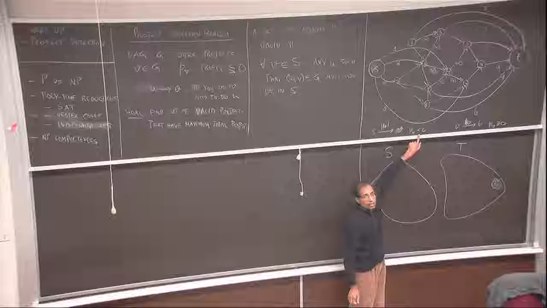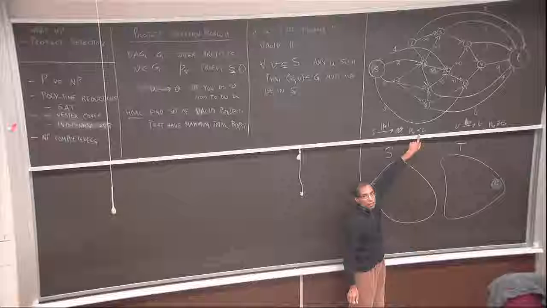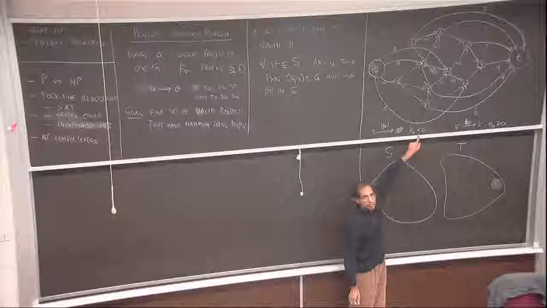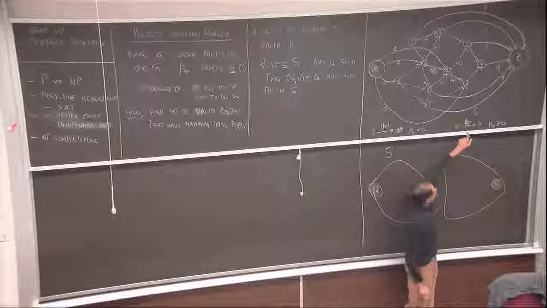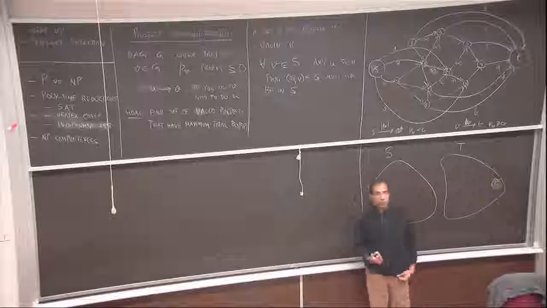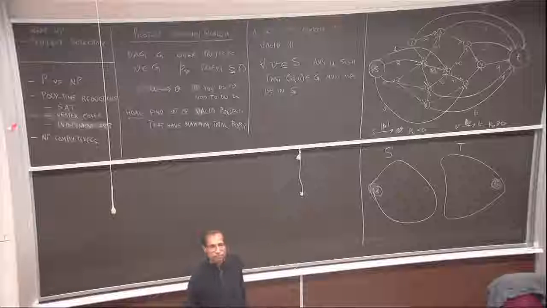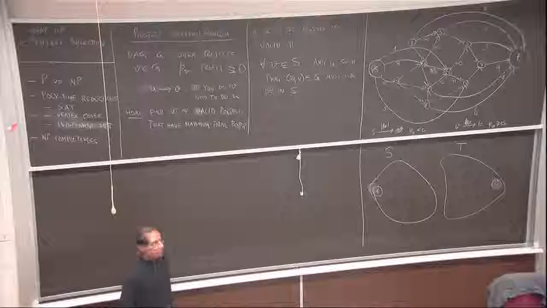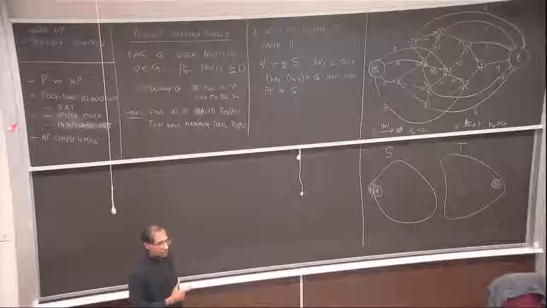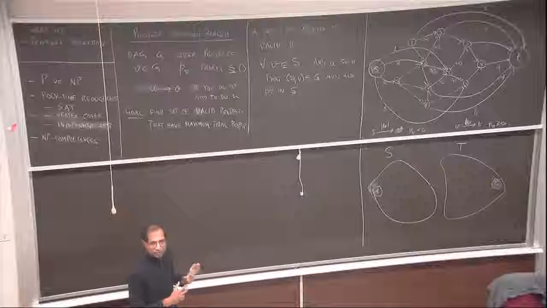And t only has edges from those vertices whose profits are positive or non-negative. It's actually a very clever construction, and you'll see exactly how things come together.